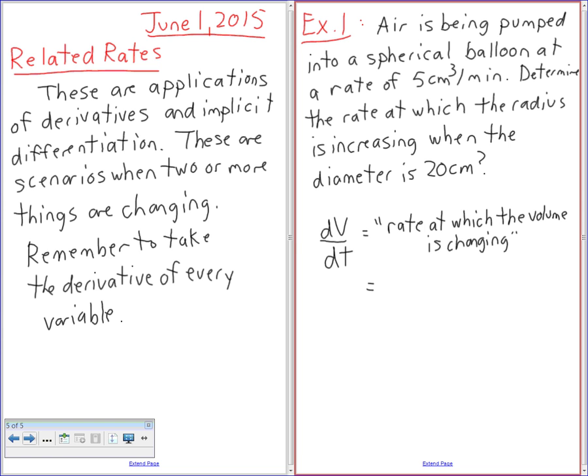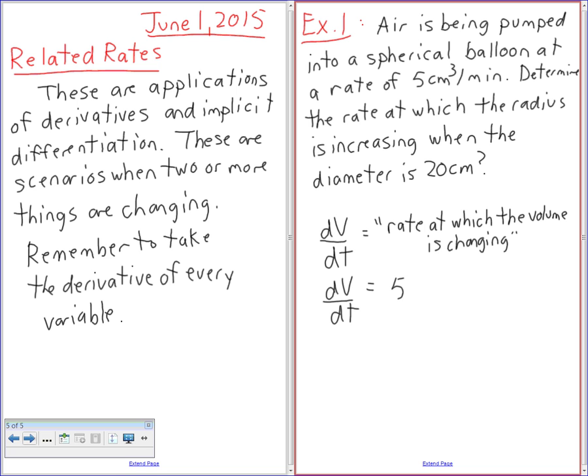What's the rate that the volume is changing? It's going to be 5 centimeters cubed per minute. So dV by dt is going to be 5. The rate of change of volume is 5. Are we okay with where that came from in the question?